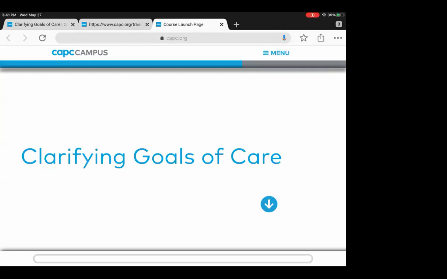What this presentation will first do is clarify goals of care. It'll walk us through a COPD patient, and it'll help us to look at what the patient is actually saying to us and use those things that the patient is already telling us to further elicit more information, and use some of those techniques too.